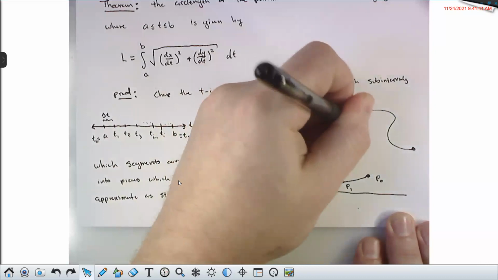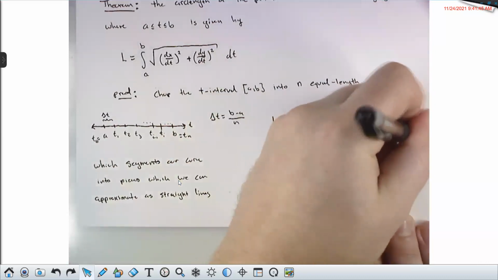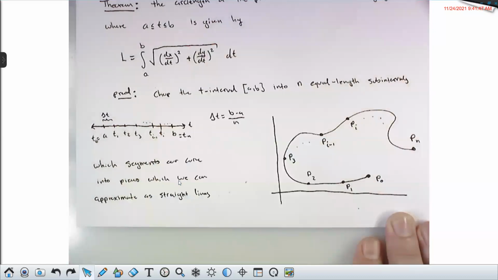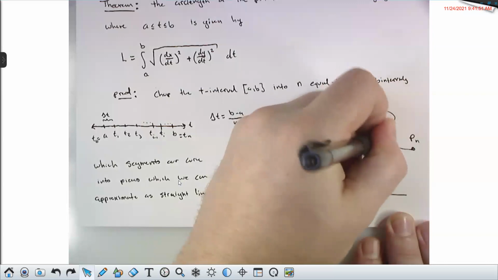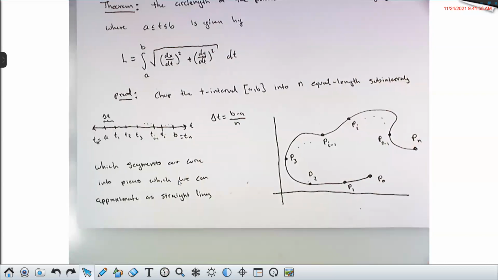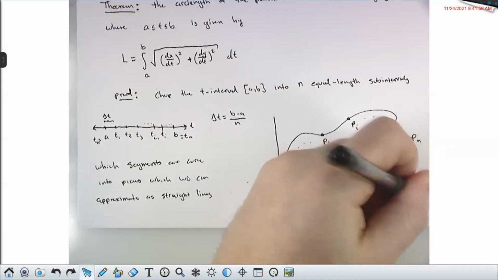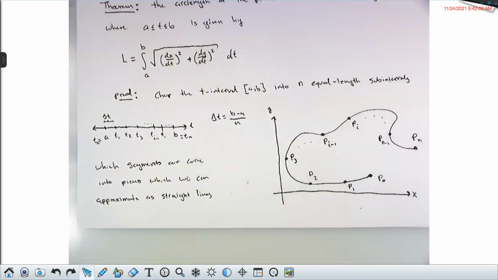Here I've got Pi. I'm going to come over here to Pn. All right, the second to last point here would be Pn minus 1. So here's my parametric curve. This is the x-axis. This is the y-axis. And each one of these t values corresponds to a point on the curve.